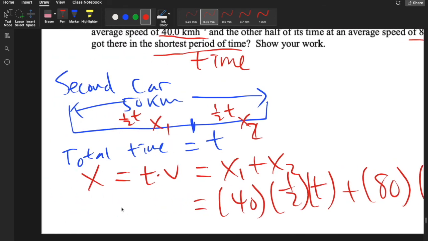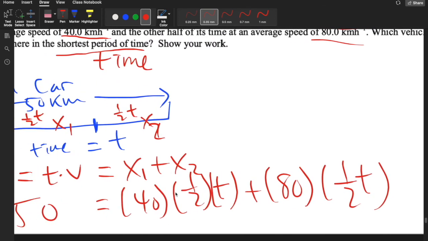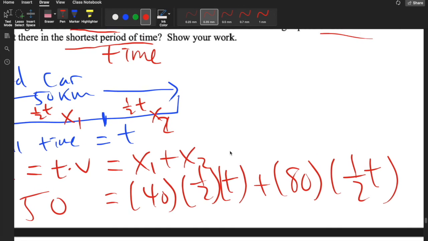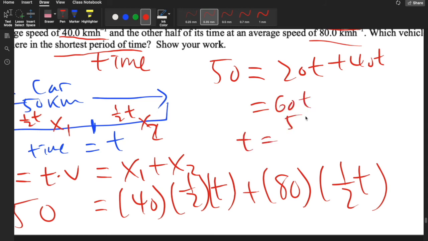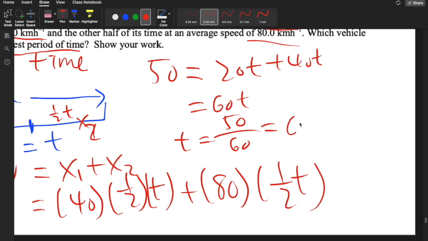And the total displacement is 15, right? So now we can solve for this, it just becomes a one variable equation. So 15 is equal to 7t plus 40t, which is equal to 47t. So t is equal to 15 over 47, which is equal to 0.83 seconds.